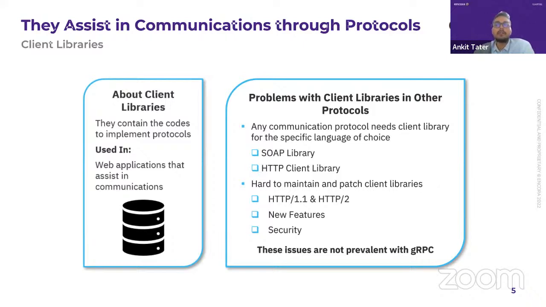But if you have a backend service, you need to implement your own library, or you need to add a library for HTTP to communicate. So the problem with these libraries is that they are maintained by third parties. Let's say your client is Java, right?